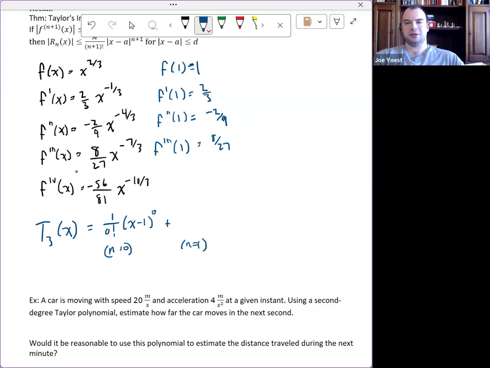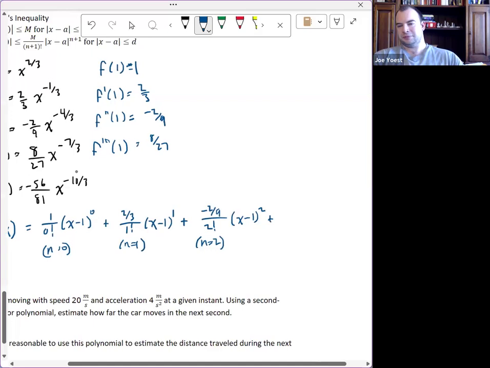The n equals 1 term is f prime at 1, 2/3, over 1 factorial times x minus center to the first power. The n equals 2 term is the second derivative over 2 factorial times x minus 1 squared, and the third derivative, 8 over 27, over 3 factorial. This is the n equals 3 term, x minus 1 cubed.